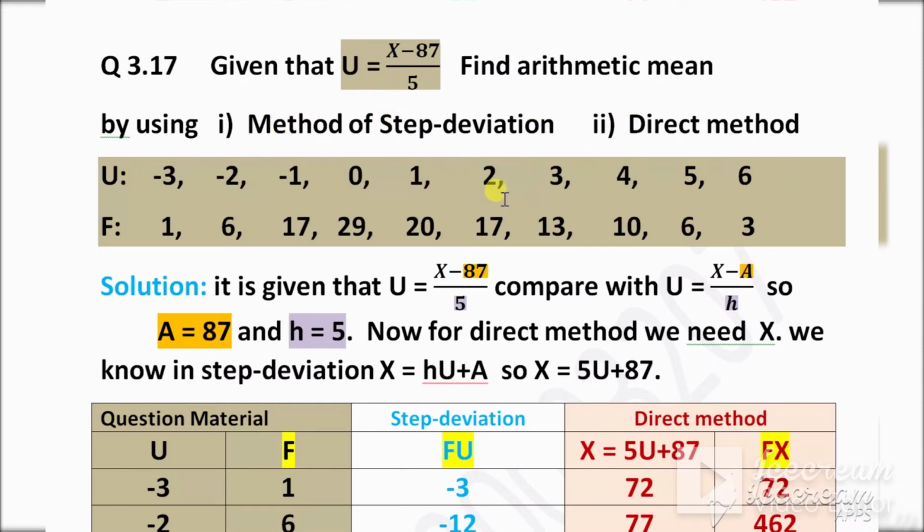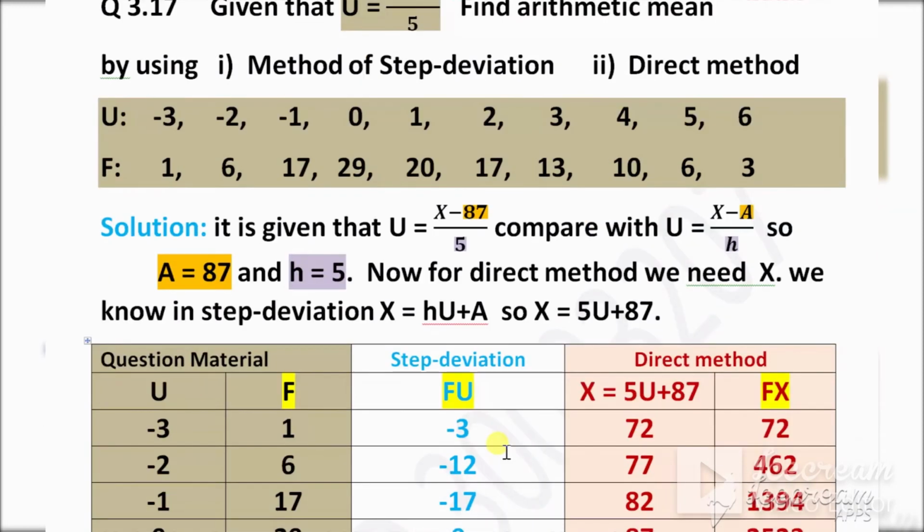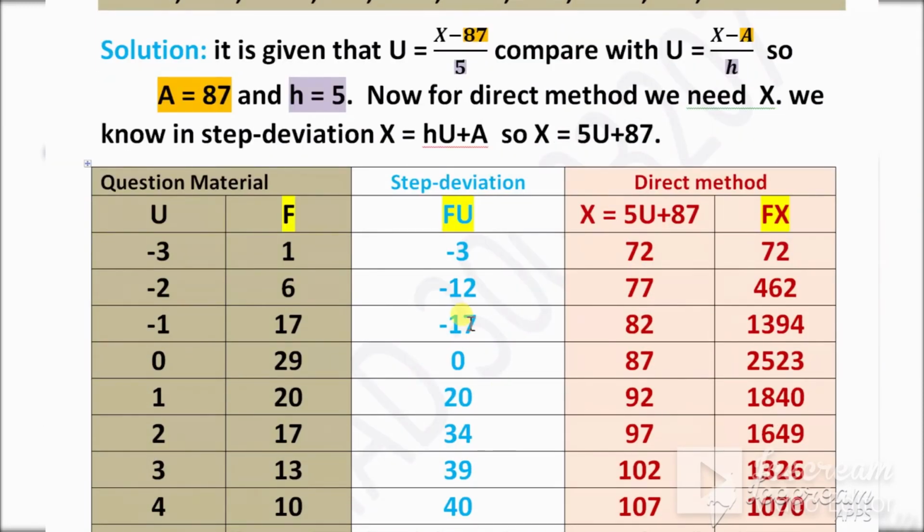First of all, write this data in the first two columns as it is. Write the question material as it is in the first two columns, and the rest of the columns we will calculate according to the requirement of the formula. First, it is given that u is equal to x minus 87 over 5.